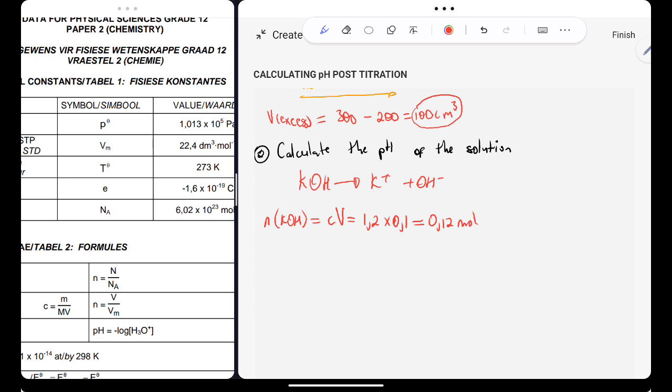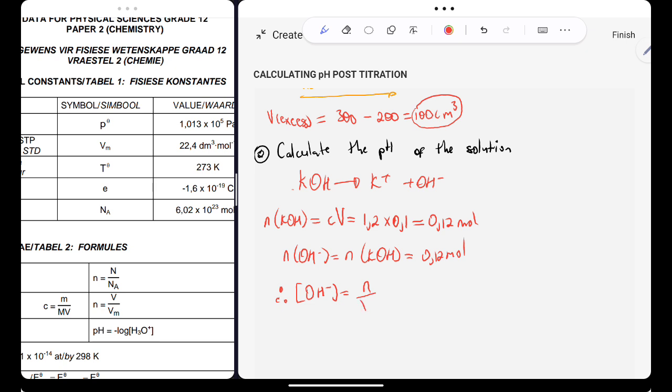So now I can then find the number of moles of my hydroxide ions, but I don't have to do the ratios here, guys, because it's simple. The ratio is 1:1, so which simply means that the number of hydroxide ions will be equal to the number of moles of my potassium hydroxide, which is 0.12 mole. So now I want to find what is the concentration of my hydroxide ions.